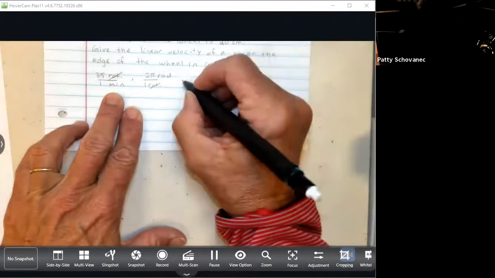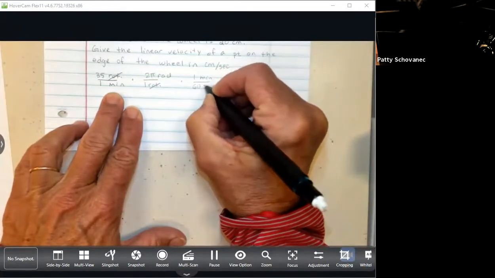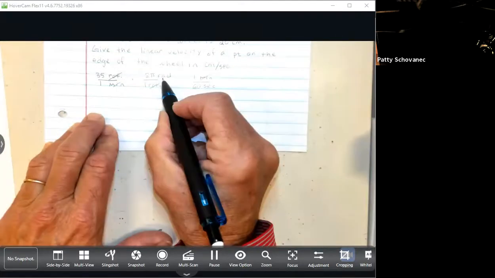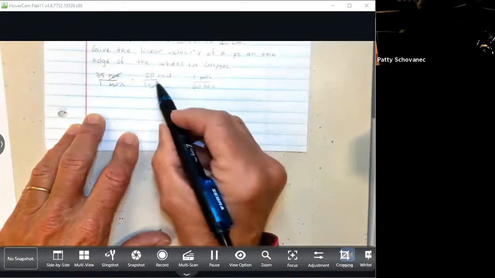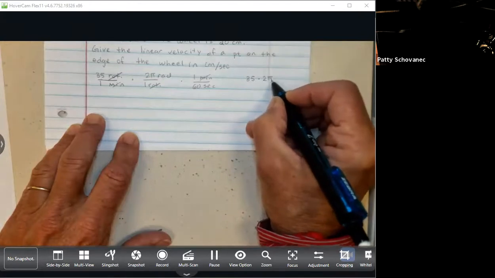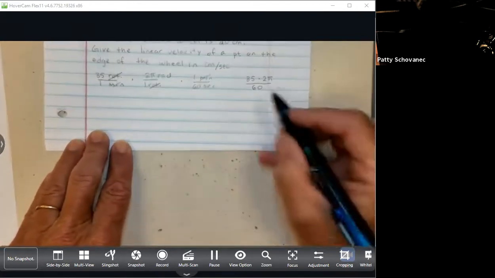All right, we know that each minute is 60 seconds. So then the minutes cancel and I'm left with radians on top, seconds on the bottom. So I have 35 times 2 pi divided by 60. I can take that 2 and divide it into 60 and get 30.